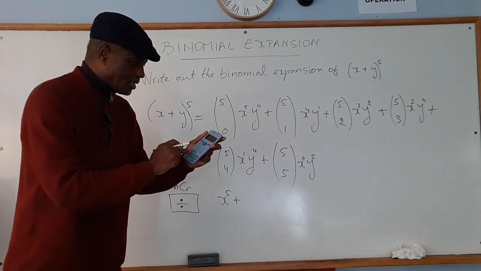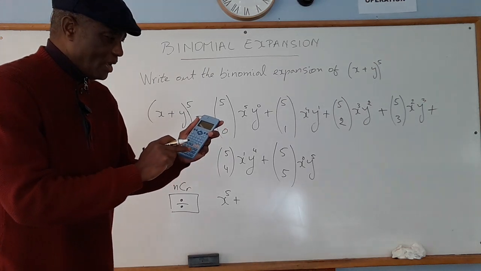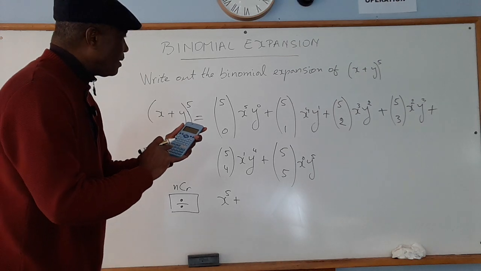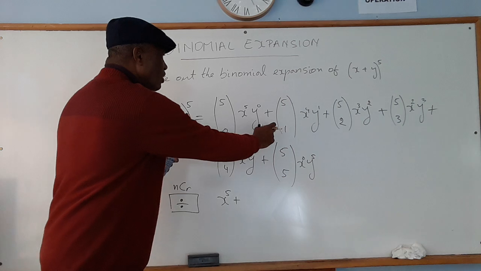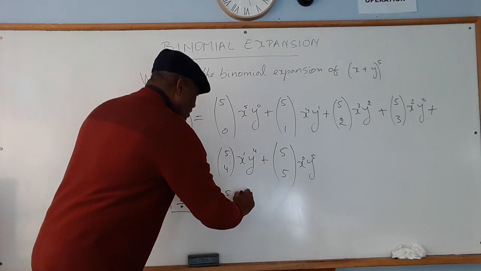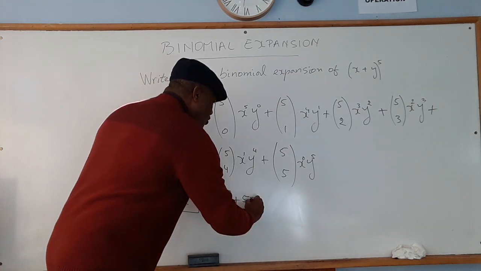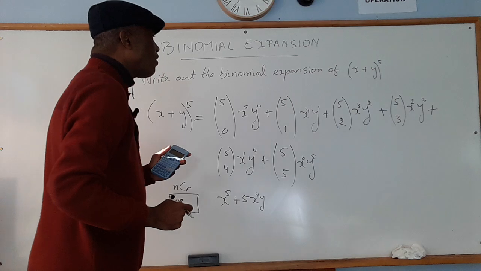So I press 5 and I go to shift again, and then I press this button here, and I enter 1. So the bracket will give me 5. So the bracket gives me 5 multiplied by x to the power of 4 and y to the power of 1.